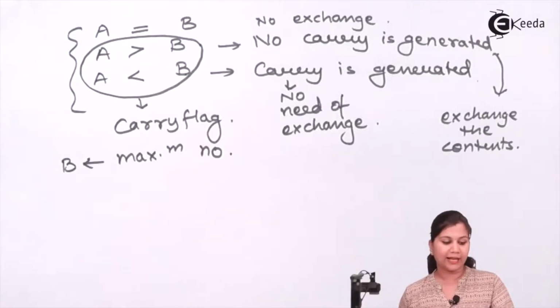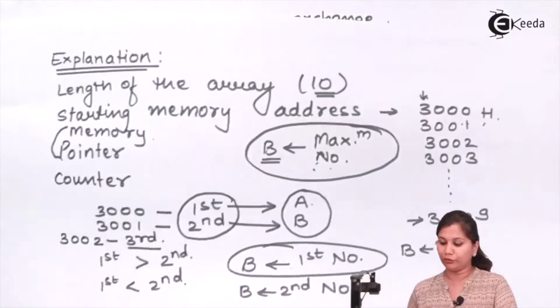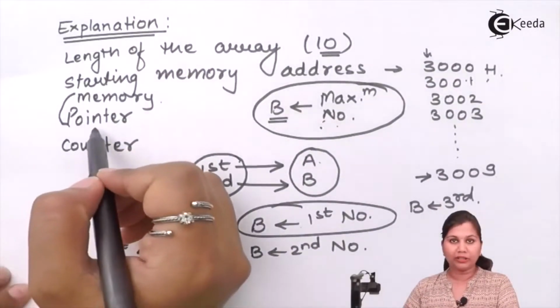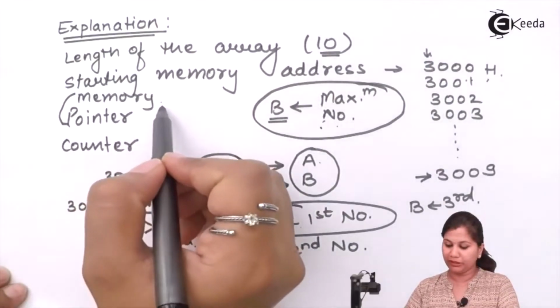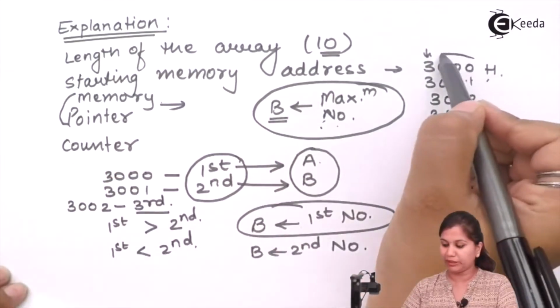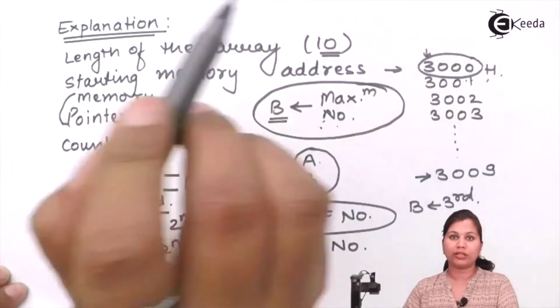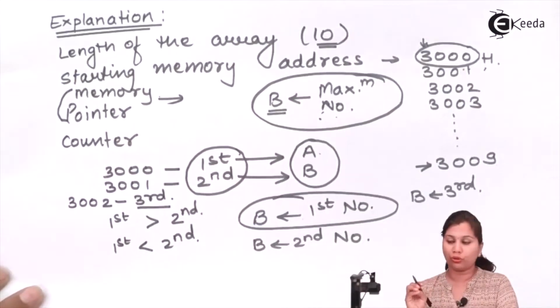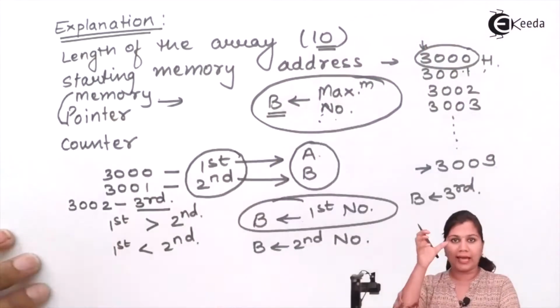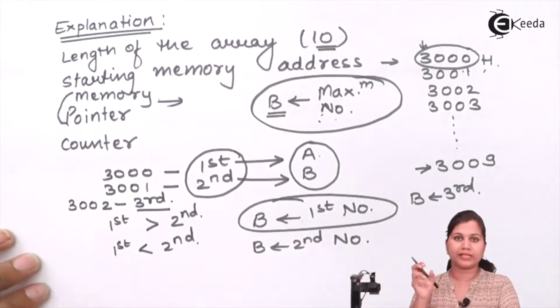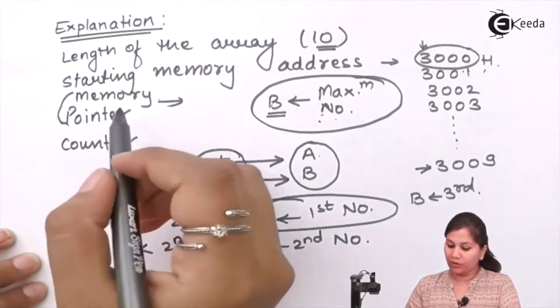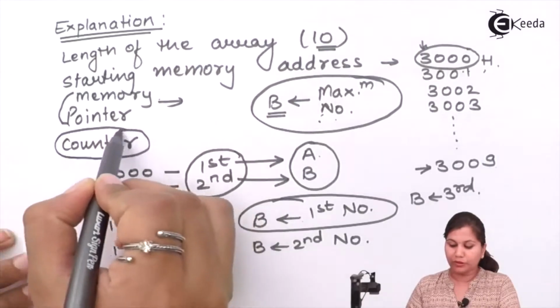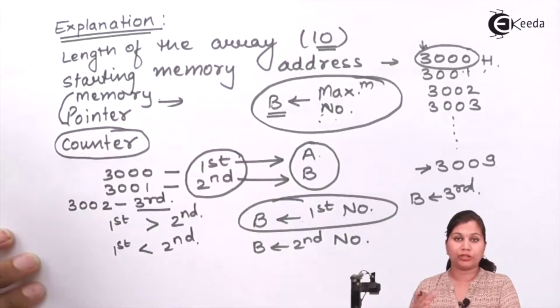As I have told, first of all we have to use a memory pointer, and that memory pointer will be initialized with the starting memory address 3000H, so that the microcontroller knows that the array of n numbers starts from 3000. Now we have to use a counter also, because we have to tell the microcontroller how many numbers are in the array: 10 numbers, 12 numbers, 20 numbers.